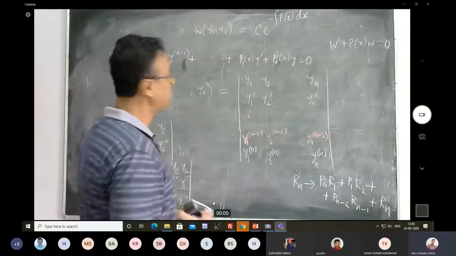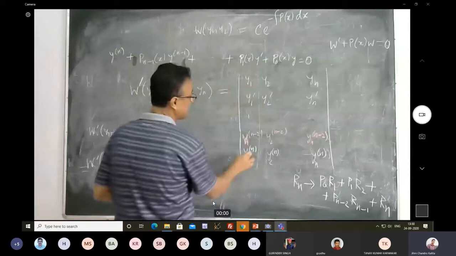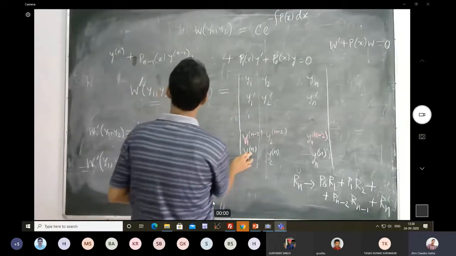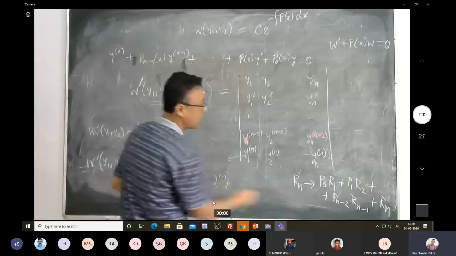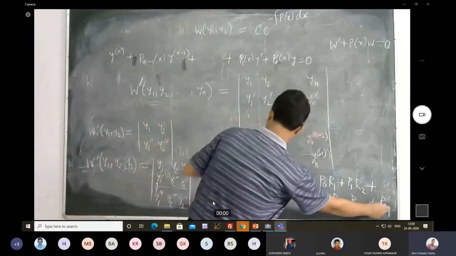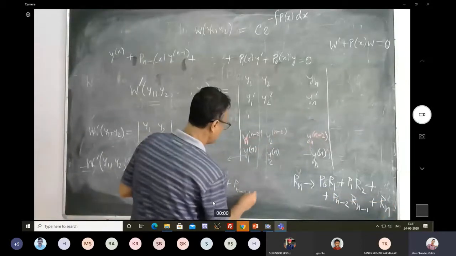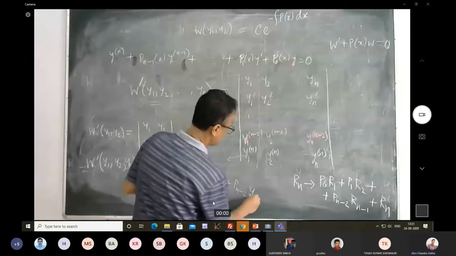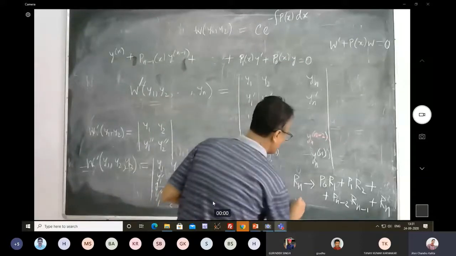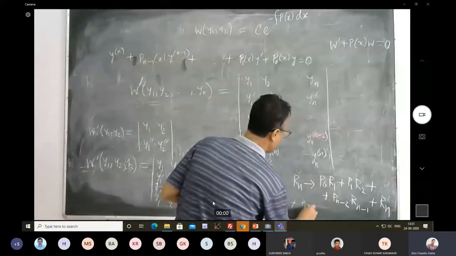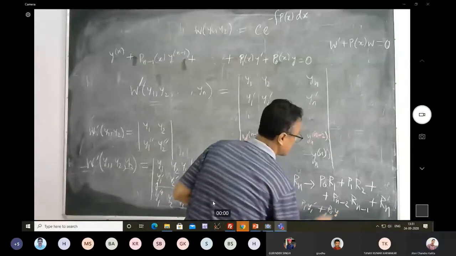Then let me just take one element. This element is going to be replaced by what? Y1 n, which has come from here, plus P n minus 2 Y1 n minus 2, and so on up to P1 Y1 prime plus P naught Y1.